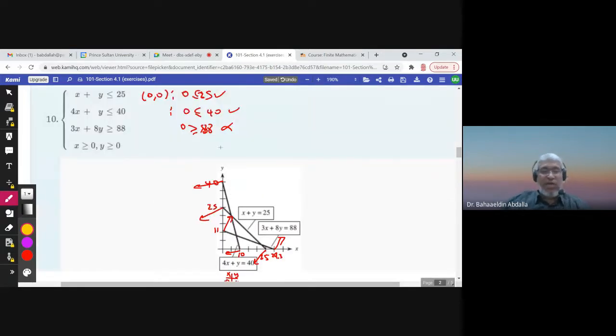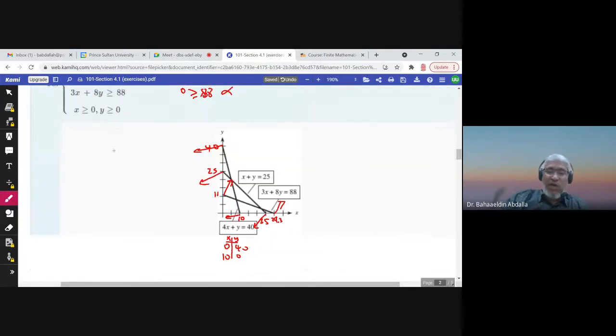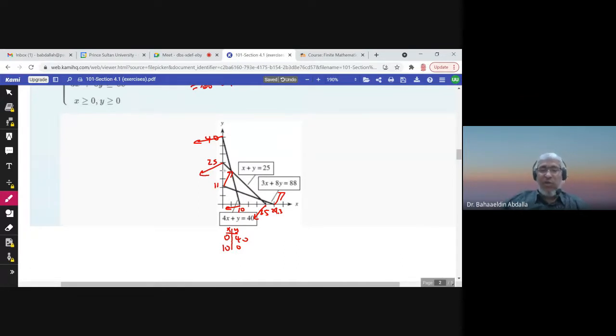And remember, x is greater than or equal to 0 and y is greater than or equal to 0. So what about this region? This region, okay, here. What about this region? Does it satisfy all the conditions? Okay.